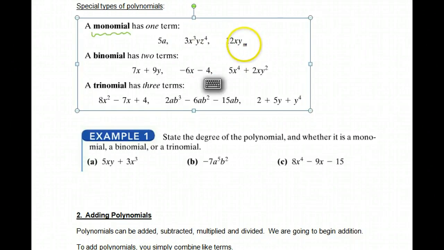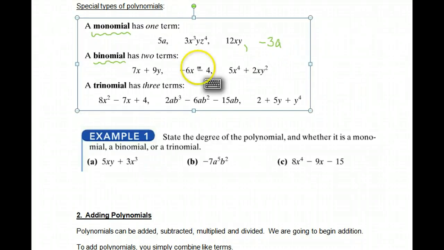Please do not be confused, however, by a monomial that might be written such as negative 3a. That's just simply a negative monomial. The next special type of polynomial is the binomial. The binomial has two terms, as its prefix might lead us to believe.